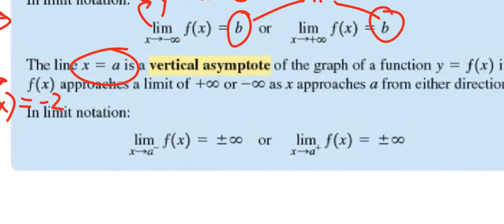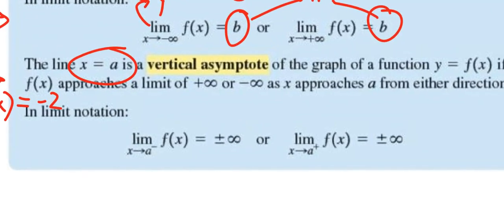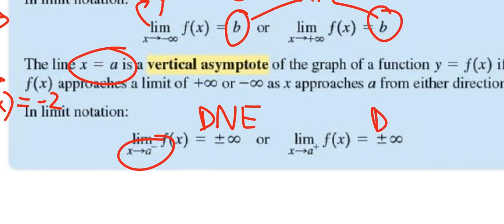So when you see this definition and it talks about a vertical asymptote as you're approaching from the left side, you get positive or negative infinity. Another way to say that is does not exist. Same thing if you're approaching from the right, you get positive or negative infinity. Another way to say that, AP Calculus would acknowledge that as does not exist.